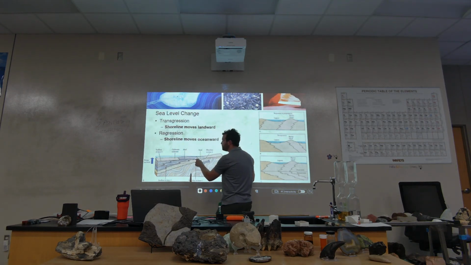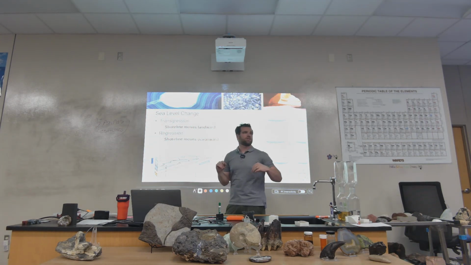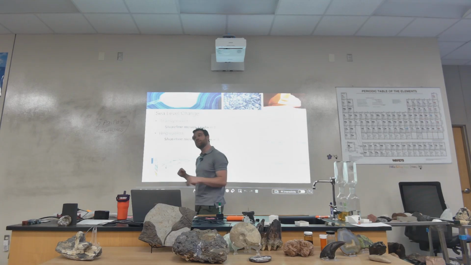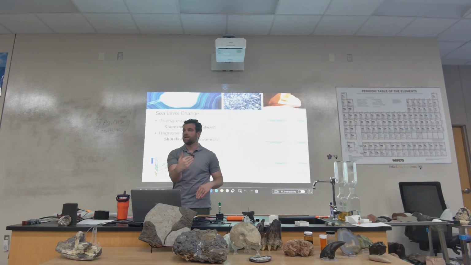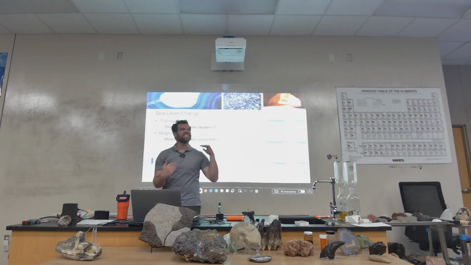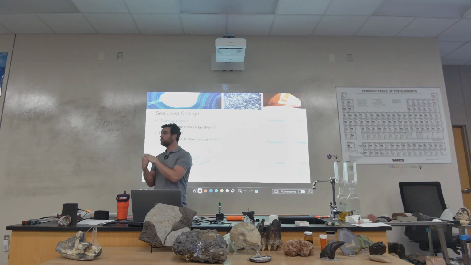So sand would be on top of shale and on top of limestone if sea level's falling, because my beach is essentially moving further out into the ocean as my sea level is falling. As my sea level is rising, I'm going to see the opposite effect. I'm going to see deep sediments on top of shallow sediments, because my beach is moving further inland and my deep water is moving further after it.